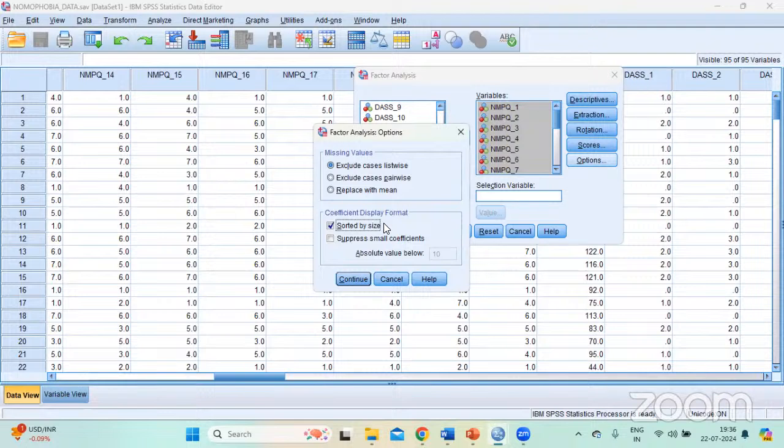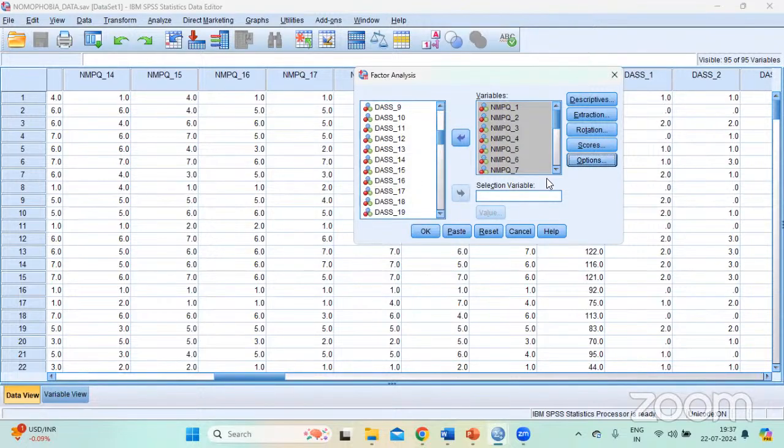When displayed, we would like them sorted by size, so the largest loading will appear first, and it will go on decreasing. Also, sometimes we can ask it to suppress small coefficients. For example, we may specify that those less than 0.4 be suppressed. Continue.